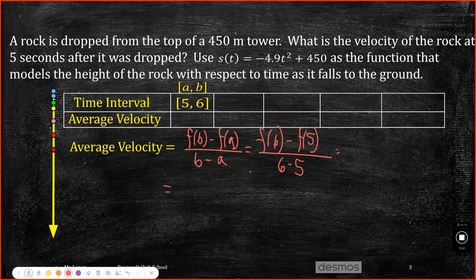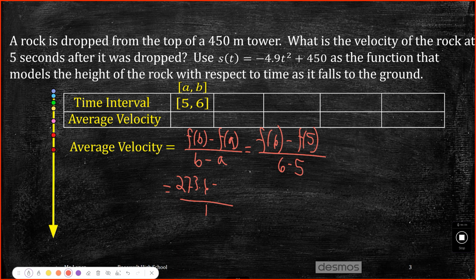All right, let's go down here. So 6 minus 5 is 1 at the bottom. Okay, what was F of 6? You guys wrote it down. What was F of 6? 273.6. Minus F of 5.